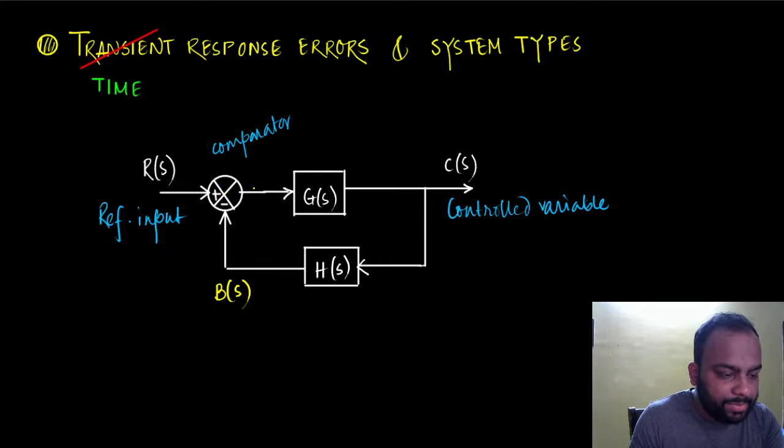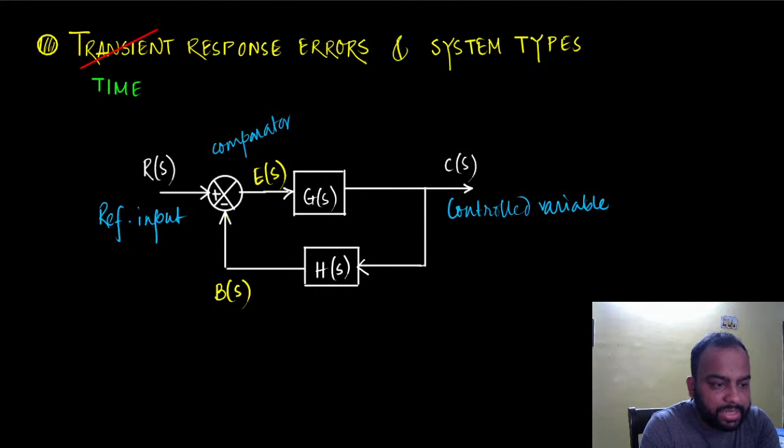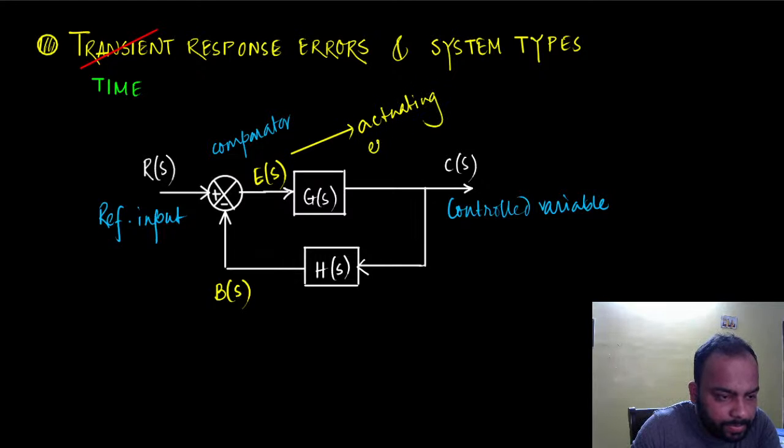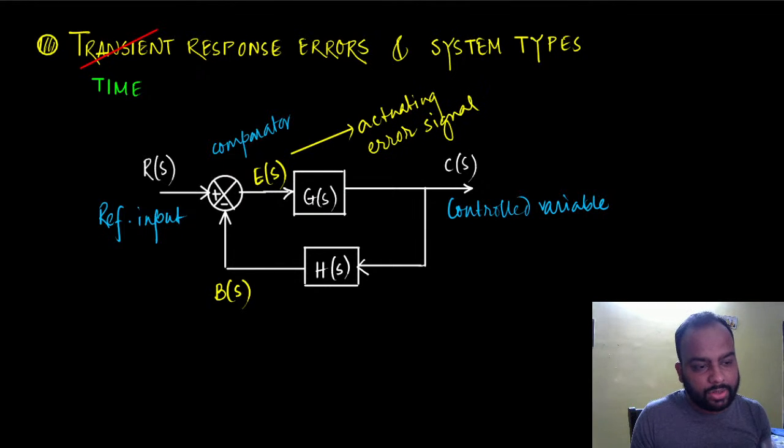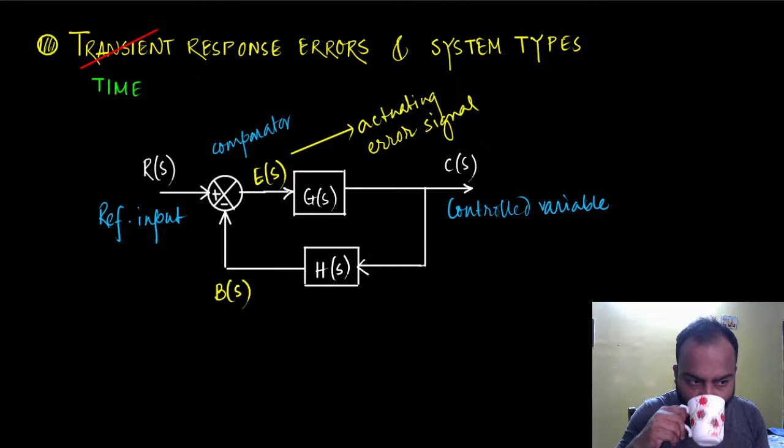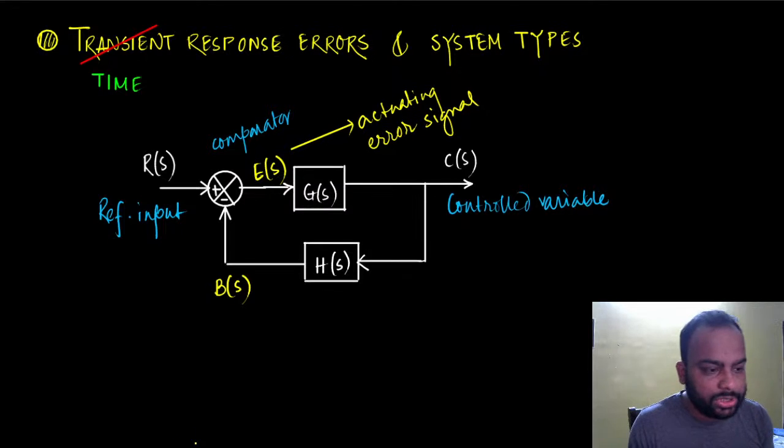And whatever signal comes out of this, essentially R(s) minus B(s), that gives you E(s). This E(s) is known as the actuating error signal. Okay, we actually discussed all these things. All the proper nomenclature has already been discussed in one of our earlier classes, rather, the very first class, I think, in the greatest possible detail, in my opinion. We discussed all this terminology, right?